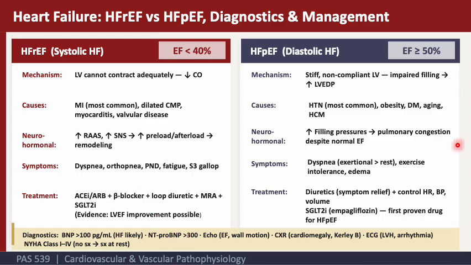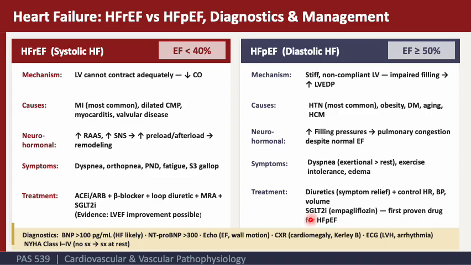They can present with exercise intolerance as well as some peripheral edema. Treatment is diuretics, it's more symptom relief, and you need to control the blood pressure, heart rate, and volume.